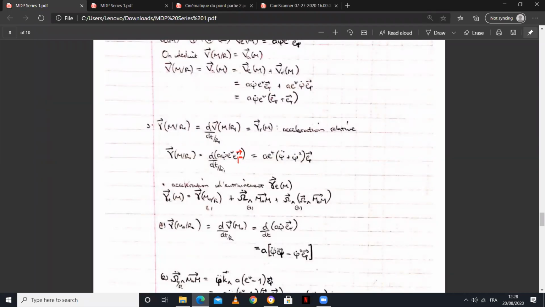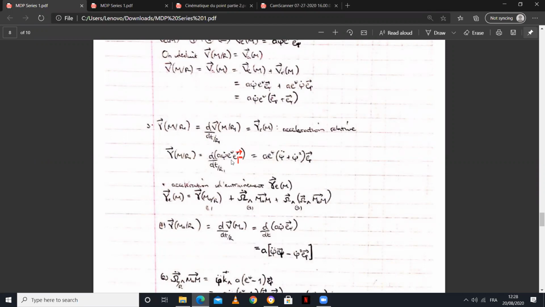As I told you, you just need to identify which repère you are working in and what rules you are going to apply in that repère. If you get it wrong with the repère, you risk getting the entire question wrong. So we've identified two variables here, phi point and e phi, and they are linked by the product. So we're going to use the product rule.